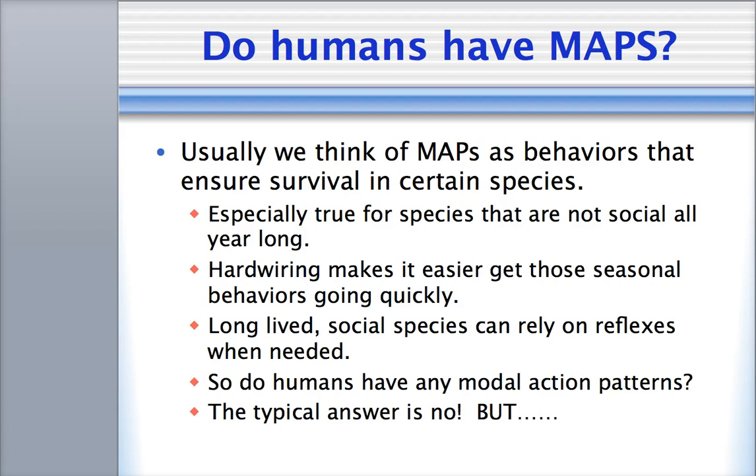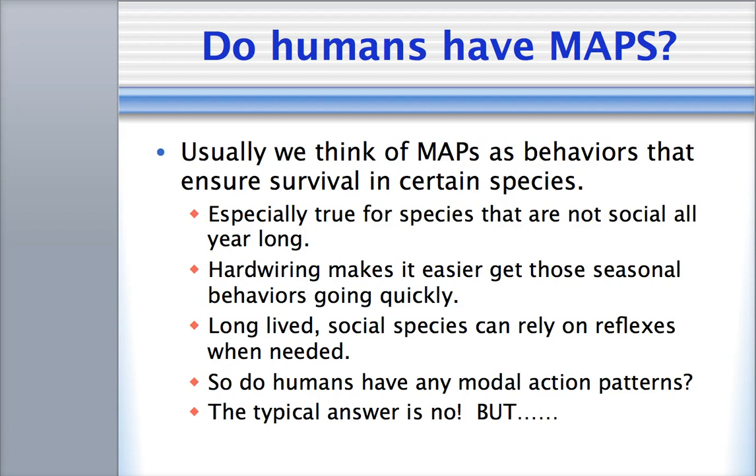So whether it's breeding behaviors or food storing behaviors, sometimes these animals have a very narrow breeding window, for example, and they need to get those seasonal behaviors going quickly in order to be successful. So it makes sense to kind of hardwire them and make them all happen at the same time with all the animals in the herd or in the group so that they can breed and successfully have their babies and move on.